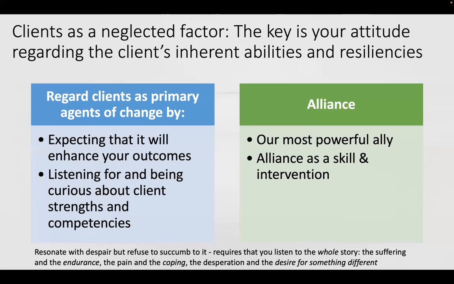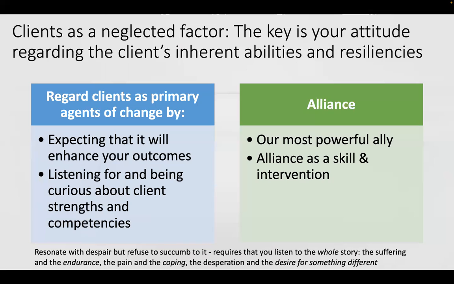And also looking at clients as the primary agent of change. So expecting that the client is the primary agent of change and expecting that they have inherent abilities and inherent resilience enhances outcomes. So if you expect that, it's built into your attitude toward your client.